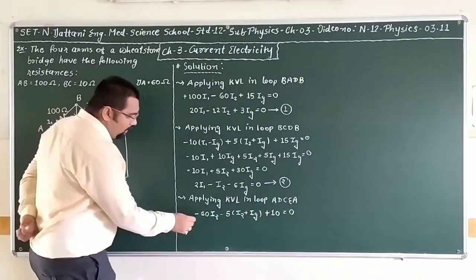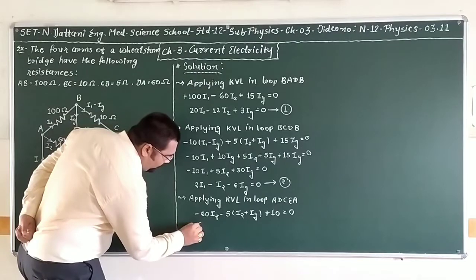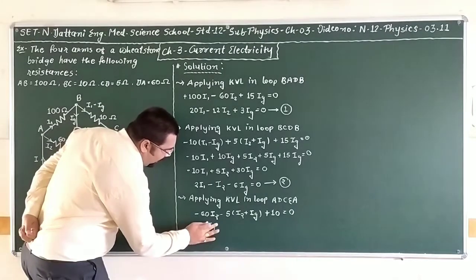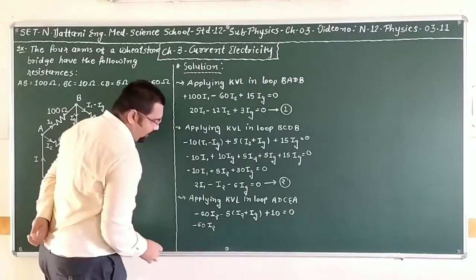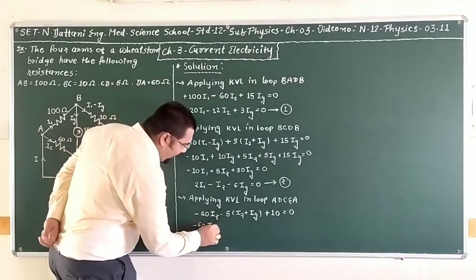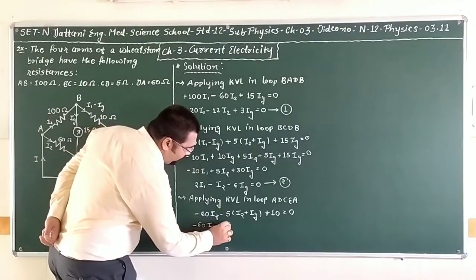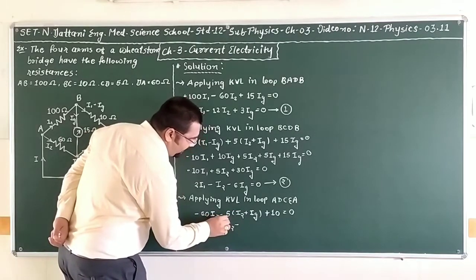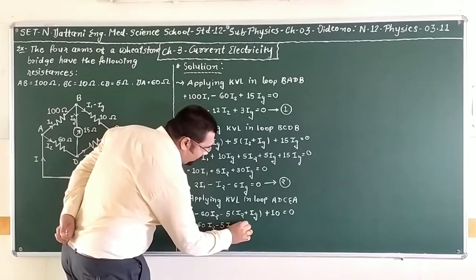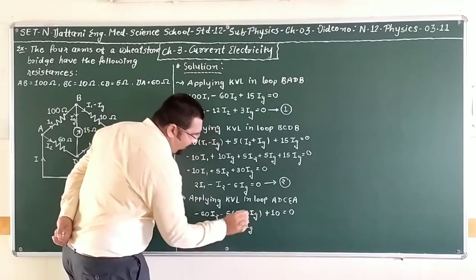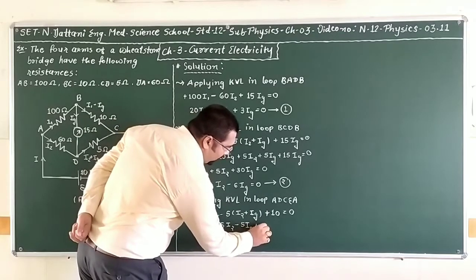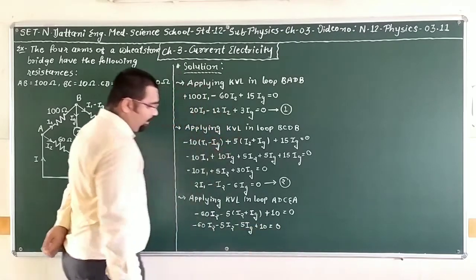So here minus 60 into I2, that is minus 60 I2. Here minus 5 into I2, that is minus 5 I2, minus into plus, that is minus 5 into Ig. So we can write here minus 5 Ig and plus 10 is equal to 0.